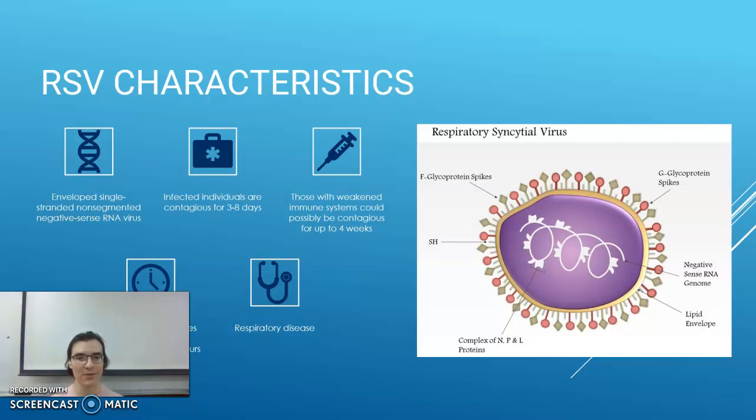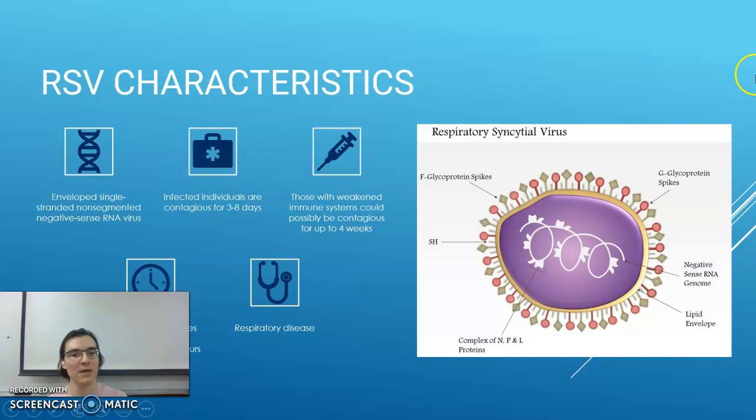And this period of contagiousness can possibly be up to 4 weeks if the person infected has a weakened immune system. And RSV can live on hard surfaces and can be airborne for many hours. Meaning, if it's airborne, it's a respiratory disease.